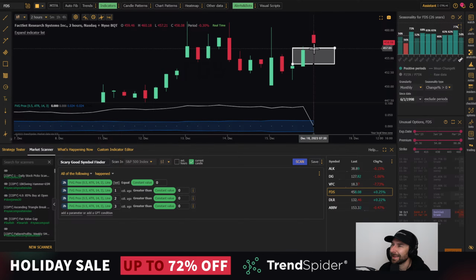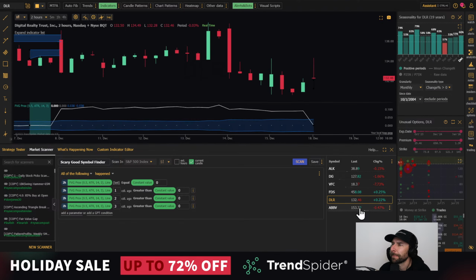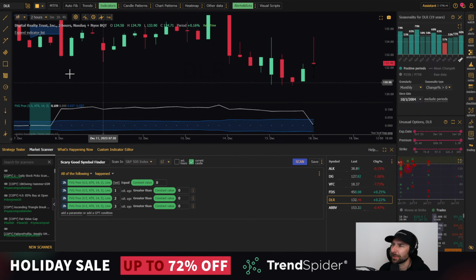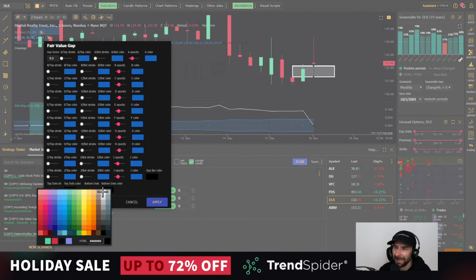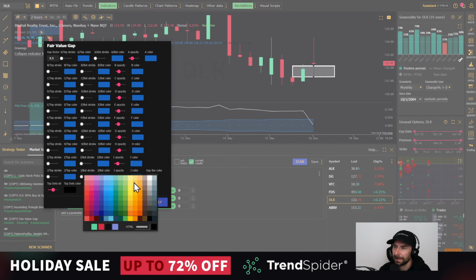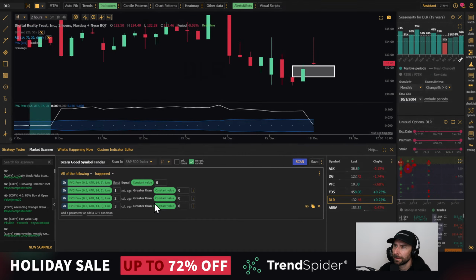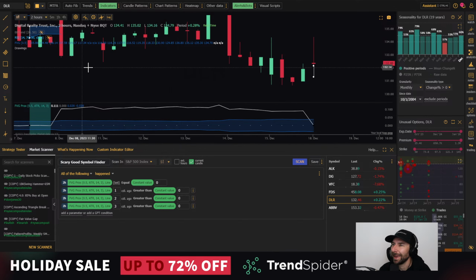As you can see, there's the gap, that little black line there. And same idea on this one. You've got a gap right here, and there's your gap line. I wonder if I can make that white. Yeah, let's do this. Yeah, there we go.